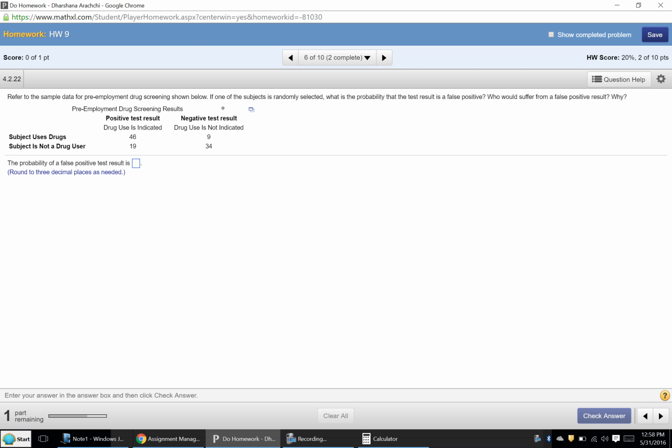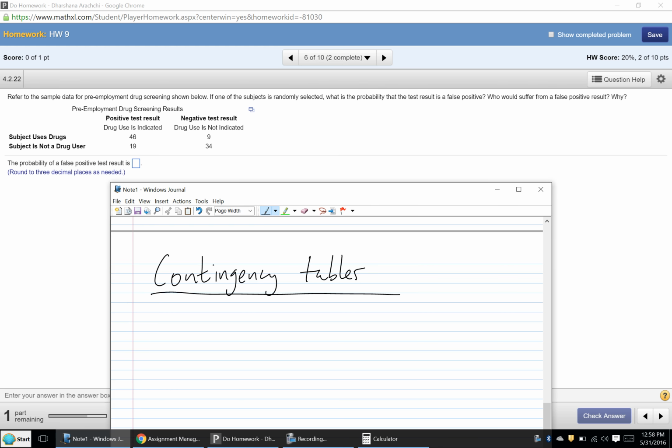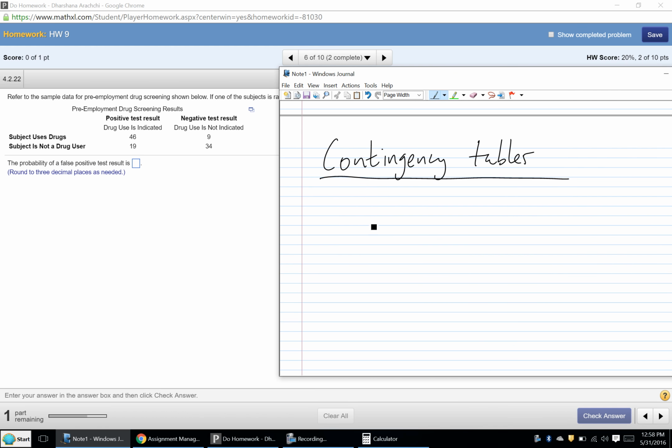Now remember, the experiment is if one of the subjects is randomly selected. So totally how many subjects do they have? Let me draw what this contingency table looks like.